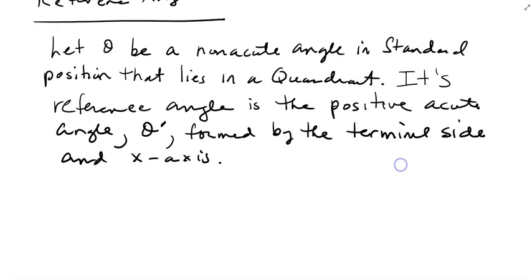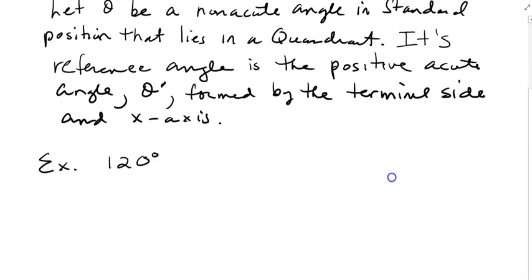So let's jump to an example. We'll immediately take a look at examples in degrees first, because I think you understand degrees a little better. Let's suppose I had an angle that was 120 degrees. We all know how to put that particular angle in standard form.